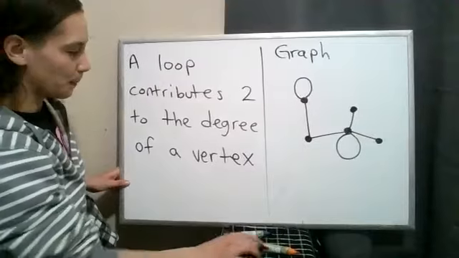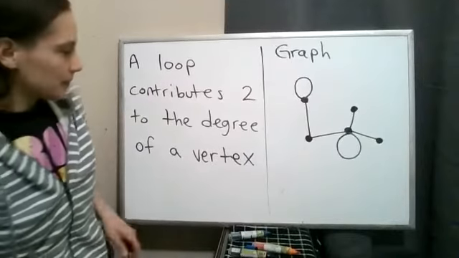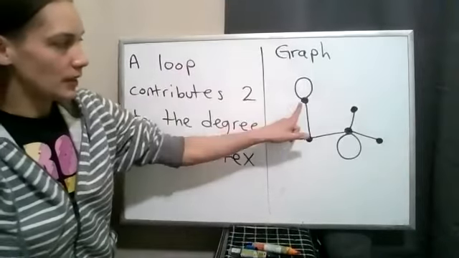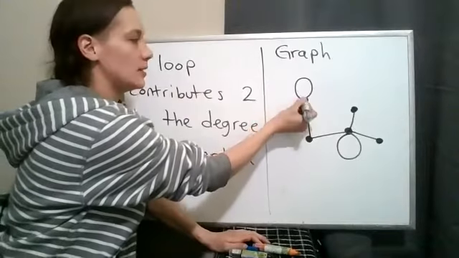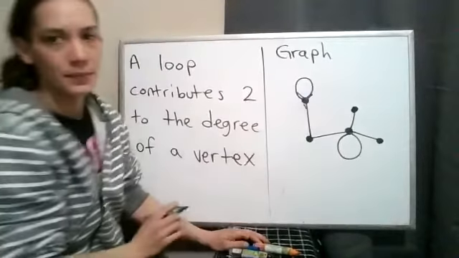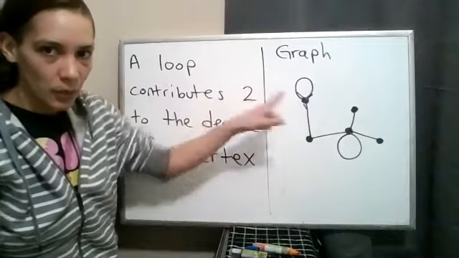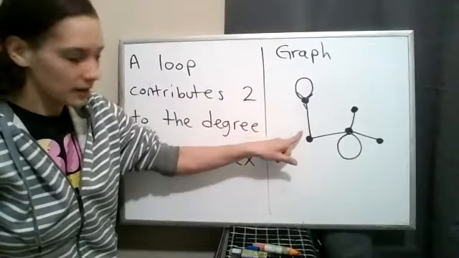So this would be a degree of 1, 2, 3. You get 2 from the loop and then 1 from that edge right there.